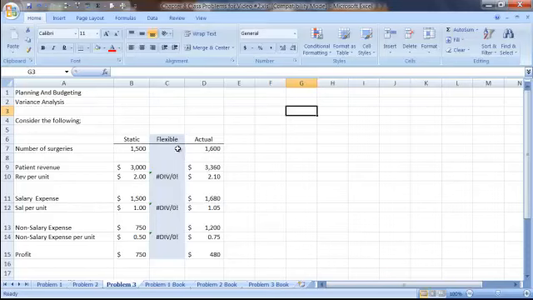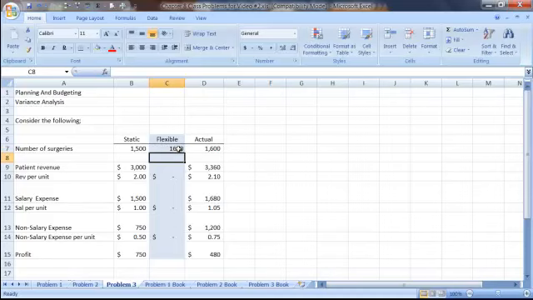So remember, the flexible budget takes the actual volume, the actual number of surgeries, times the standard units. So here we'll put in the number.